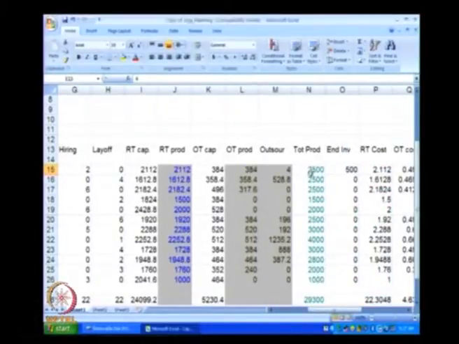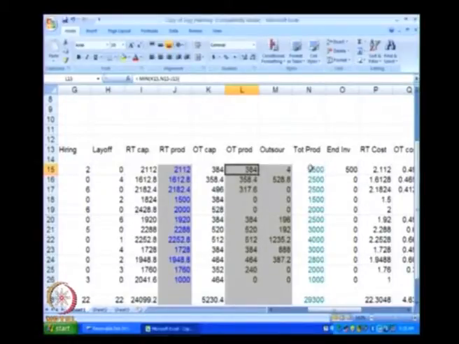So, once the user decides say 2500 here, the first 2112 out of 2500 will be made using regular time production, because that is the maximum capacity, and the balance is made from overtime production, which is your 384 from overtime production.